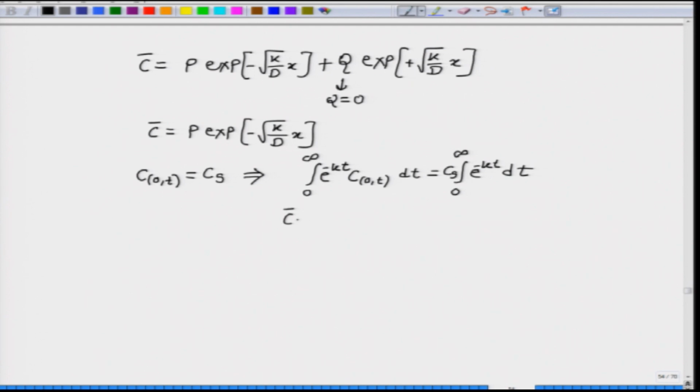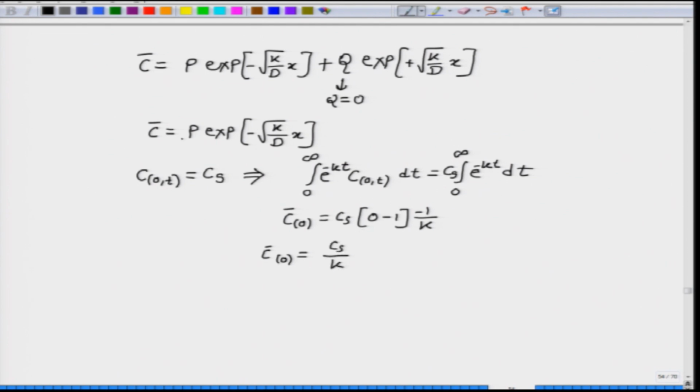And so, C bar of 0 is equal to C s times e to power minus infinity is 0, e to power 0 is 1, and there will be a term in minus 1 by k. So, C bar at 0 we get as C s over k.